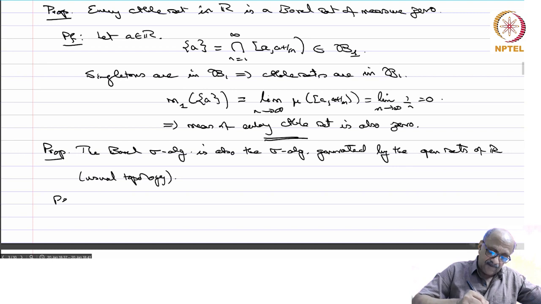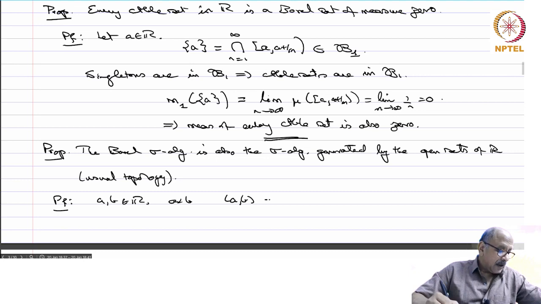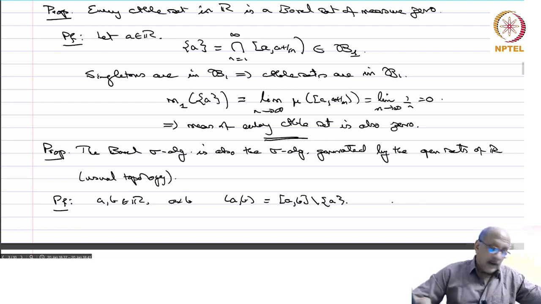So proof. Let us take (a,b) in R. Then a < b. Then you have (a,b) can be written as (a,b] minus singleton {a}. Now singleton {a} we just saw belongs to B1, (a,b] belongs to B1, it's a sigma algebra, and therefore this also belongs to B1.